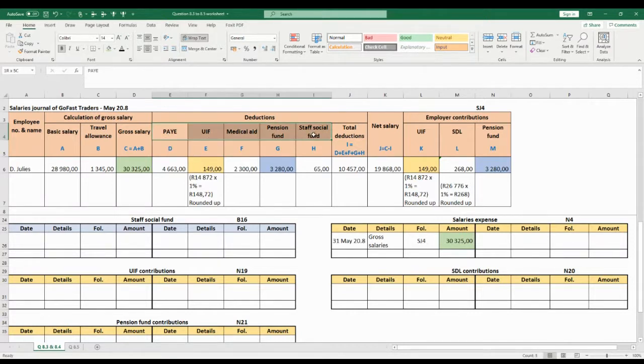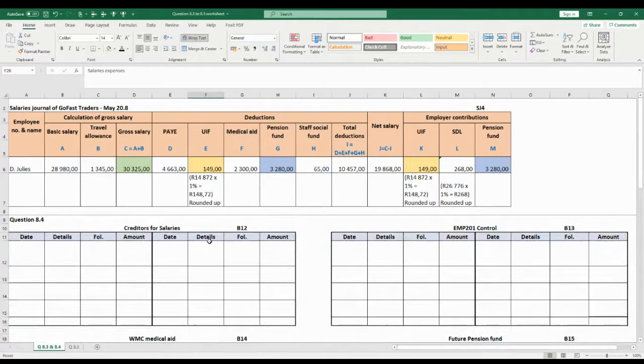Now these generally go to a liability account, which is our B account. Okay, so let's take pay as you earn. We said pay as you earn, we will pay over to SARS. So that amount we will take to our EMP 201 control account, which is the account that we put everything that we pay to SARS over, as well as the UIF amount. So both of these amounts will go to SARS.